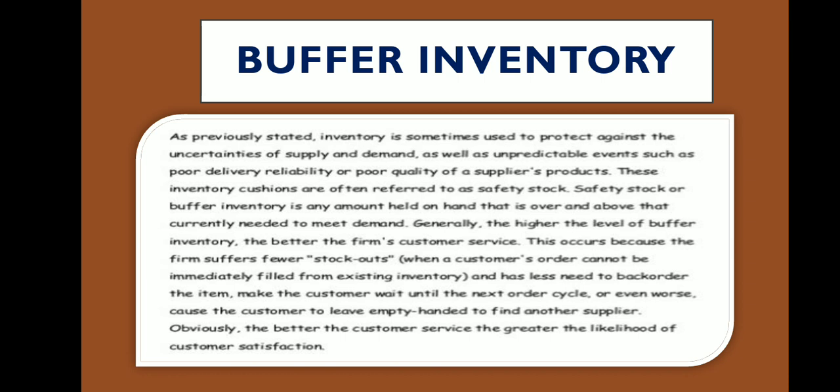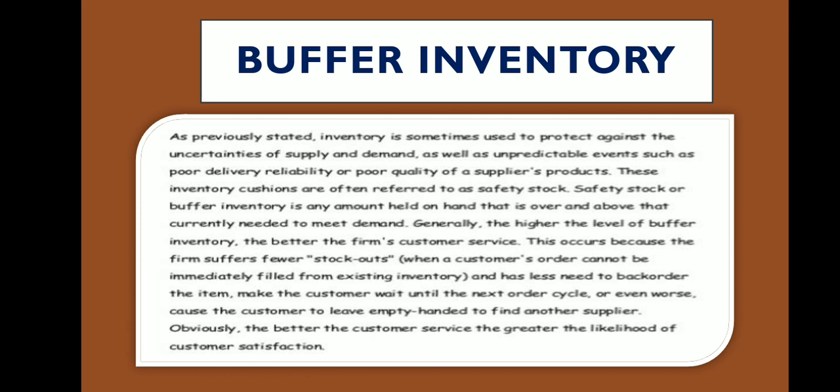The next is buffer inventory. As previously stated, inventory is sometimes used to protect against the uncertainties of supply and demand, as well as unpredictable events such as poor delivery reliability or poor quality of a supplier's products. These inventory caches are often referred to as safety stock.